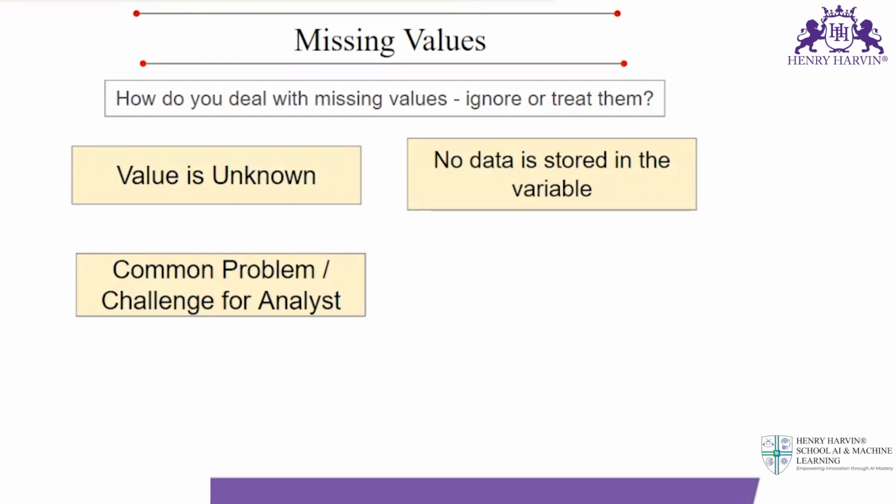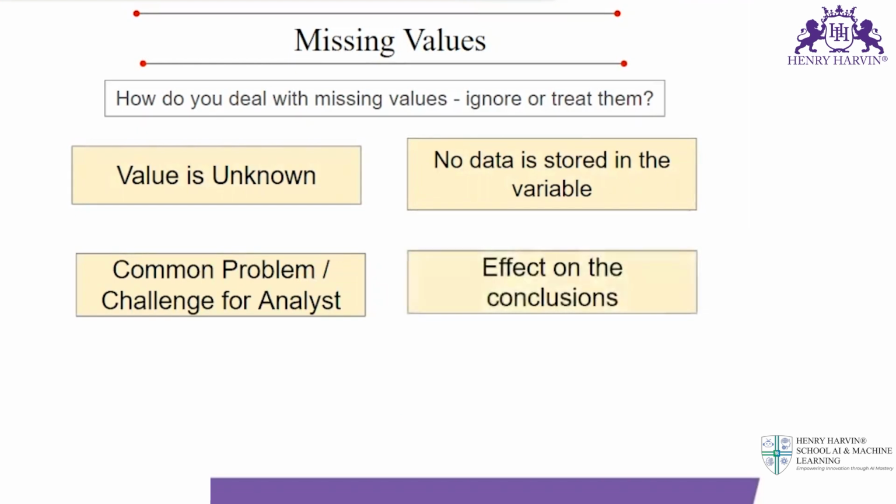Statistically, if the data of missing values is less than 10%, we can probably drop those values and use the data. But if it is more than 10%, we need to treat them. Now, why is it important to remove these missing values? Because missing values affect the conclusion or analysis that we are doing with that data set.